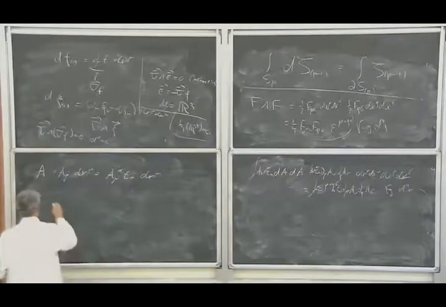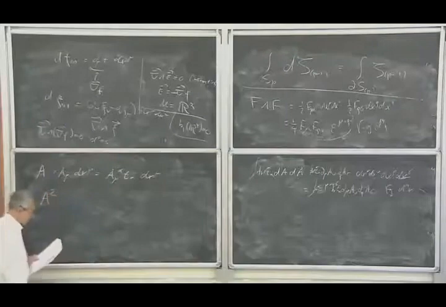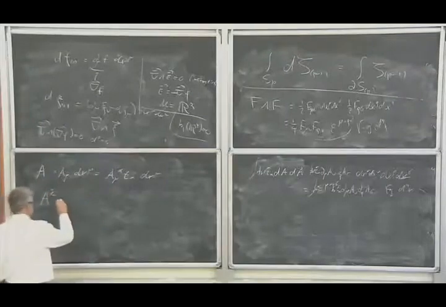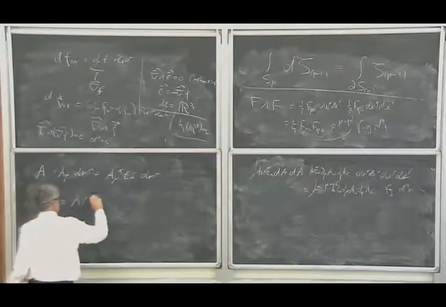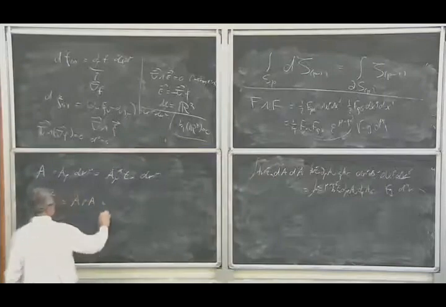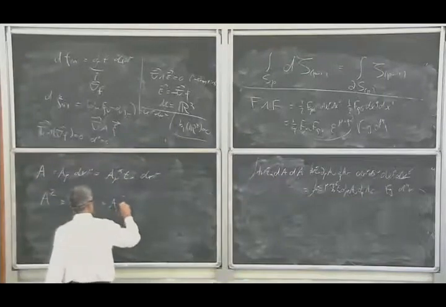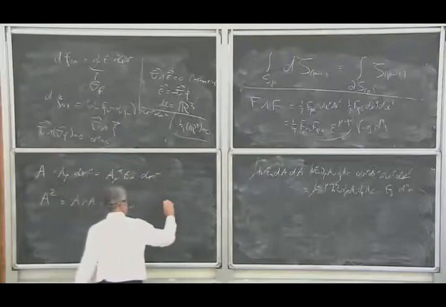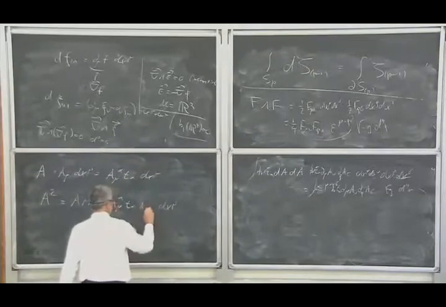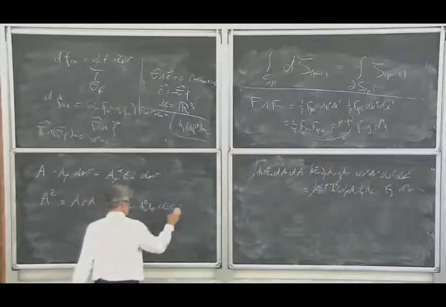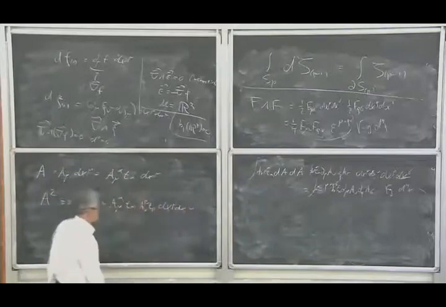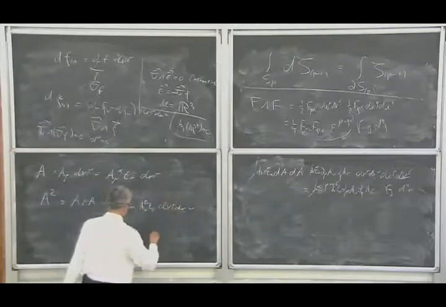Now, A squared, which is just meant to be A wedge A. Okay, so that's A mu alpha T alpha dx mu, A nu beta T beta dx nu. So this is antisymmetric in mu and nu.